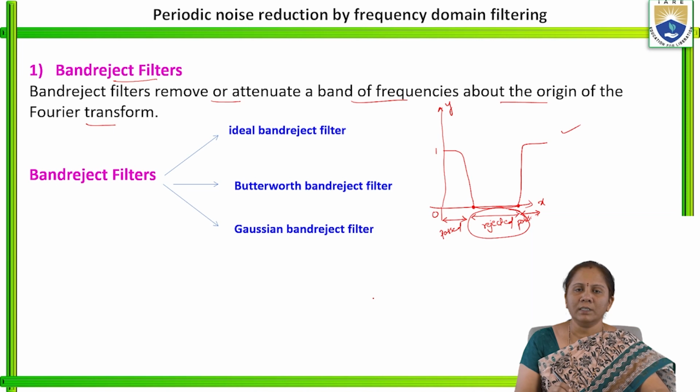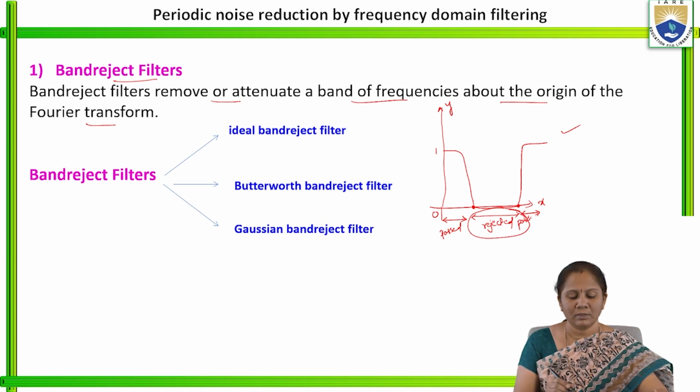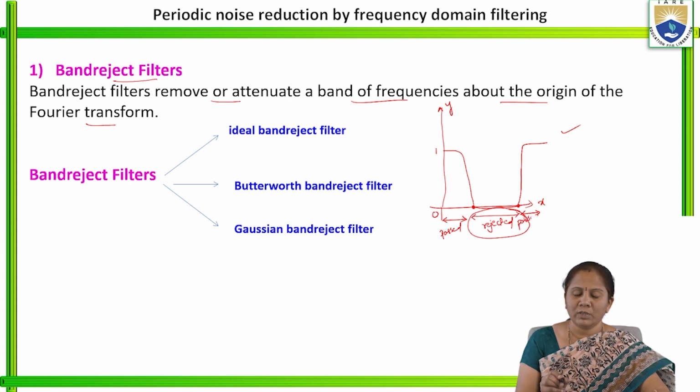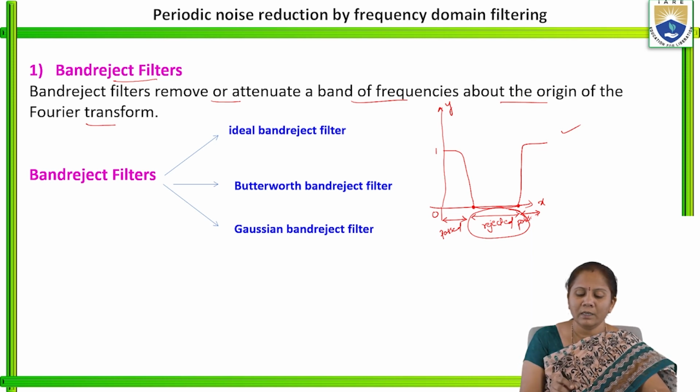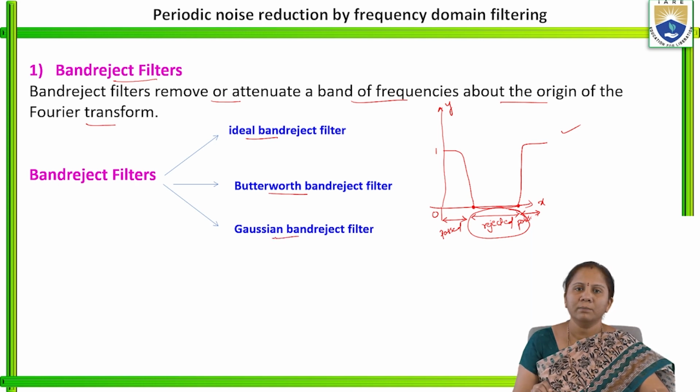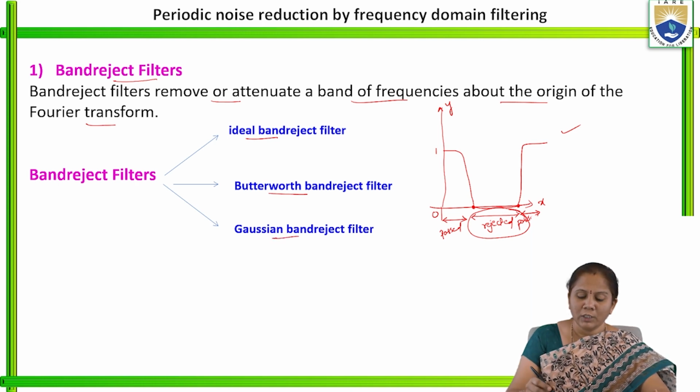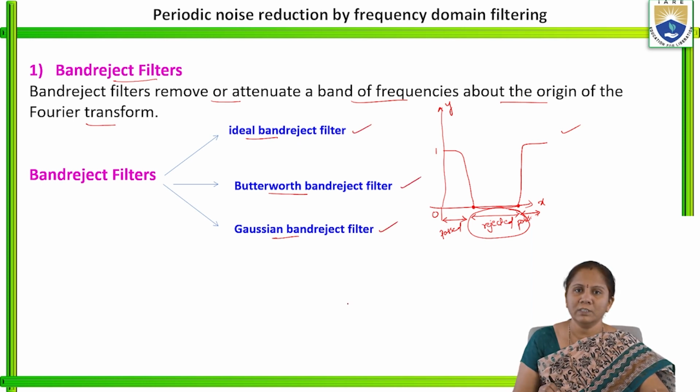Under this band reject filter, we are going to discuss different types: one is the ideal band reject filter, another is the Butterworth band reject filter, and the next one is the Gaussian band reject filter. So we will see these three types of band reject filters, each one in detail.